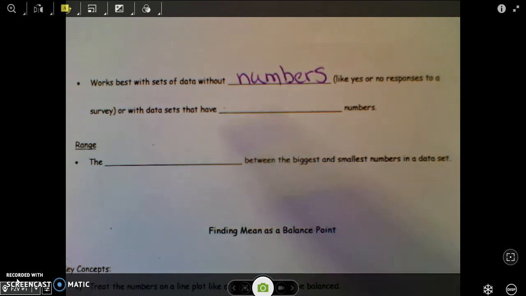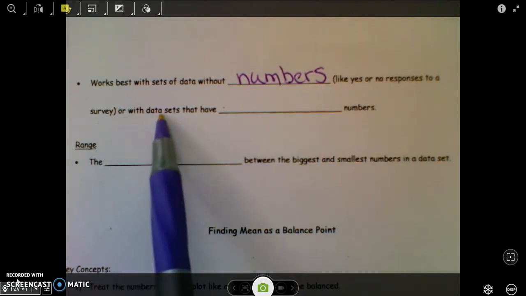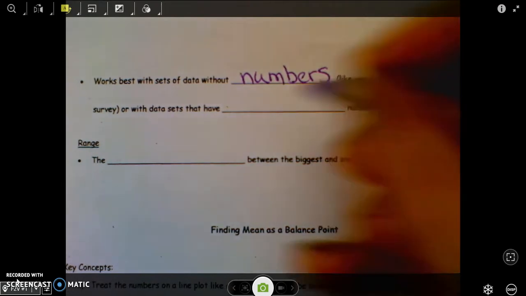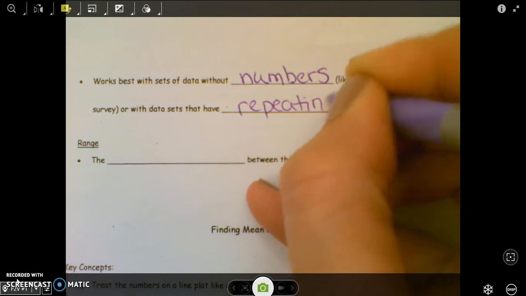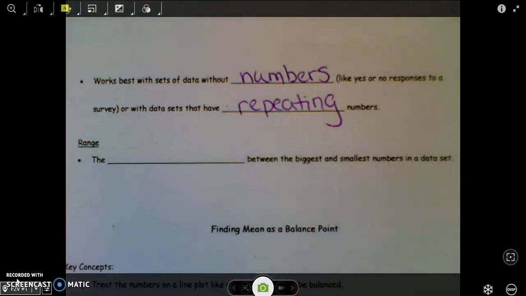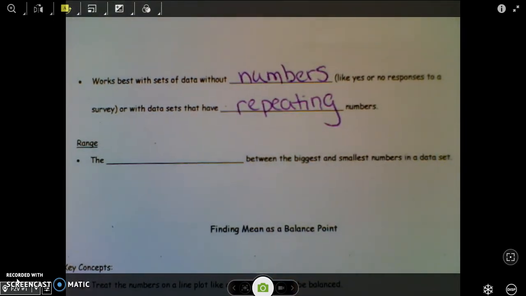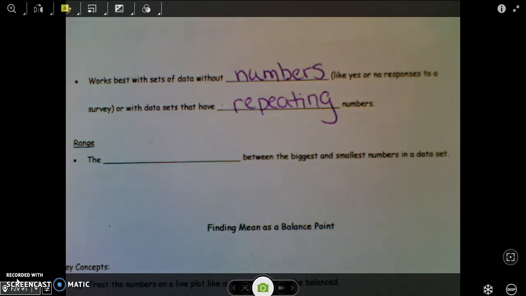The other time is with data sets that have repeating numbers. Now, you have to be careful about this because a lot of times students want to immediately pick mode as the best measure of center just because it has a number that shows up twice, okay?